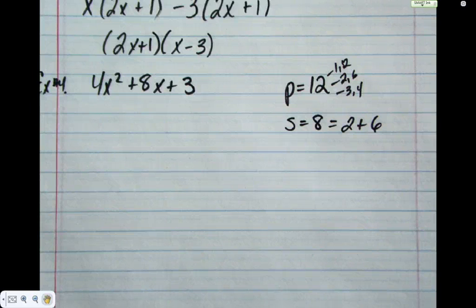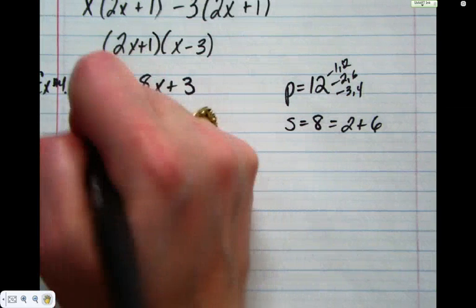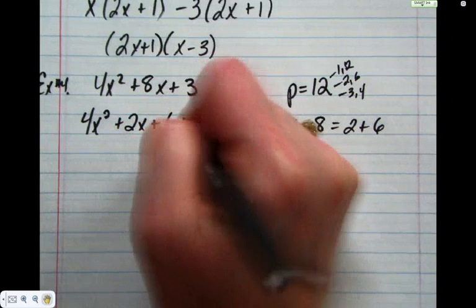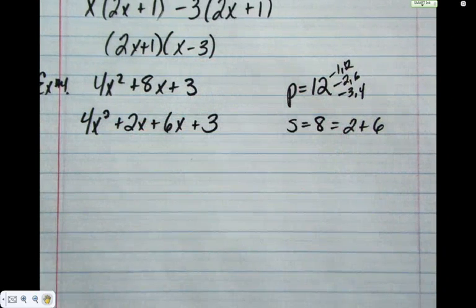You do step number 3. There, step number 3 is just splitting up that 8x. And again, I don't care the order. You could have 6x first and 2x after. You do step number 4.